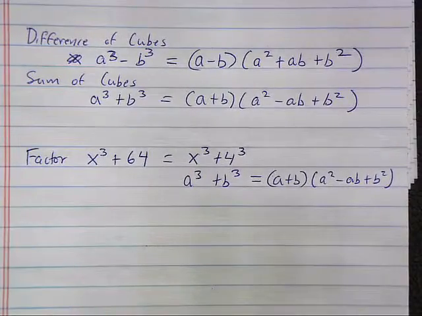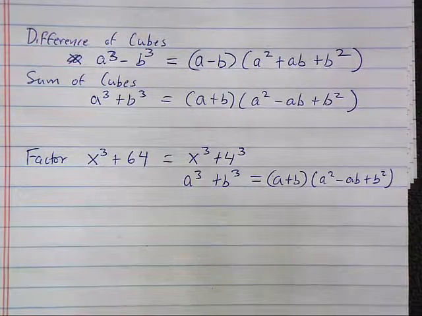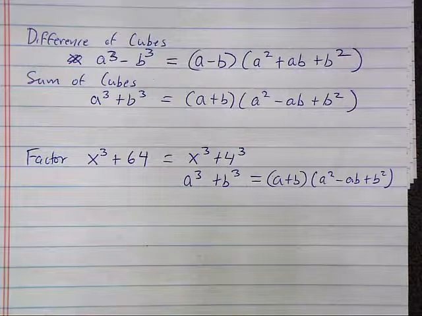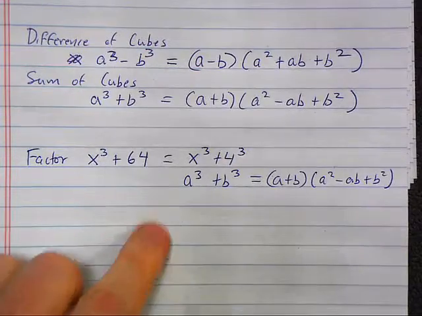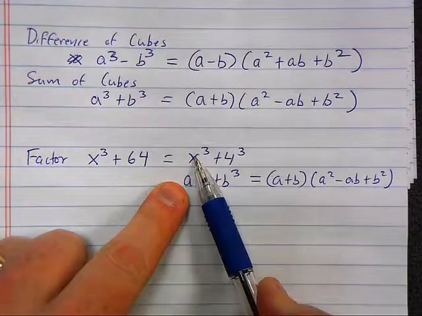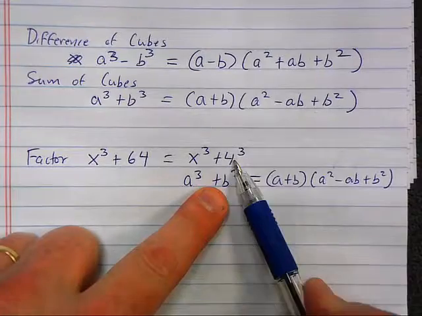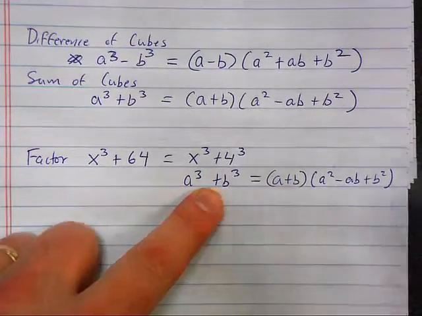So in this case, what's A? A is just X. Wherever I see the letter A, I'm going to use the letter X. And wherever I see the letter B, what am I going to use? Just the number 4.